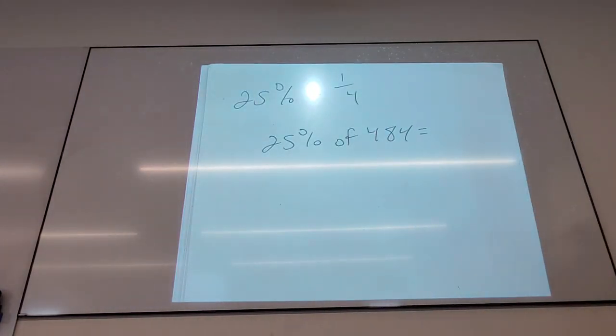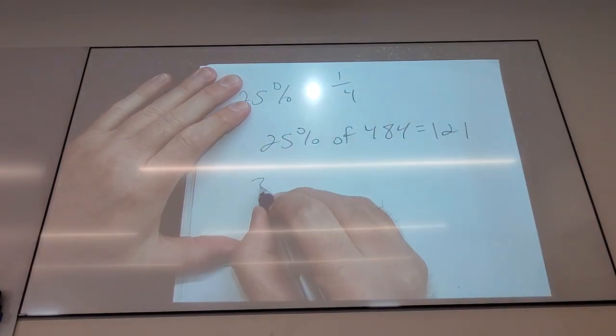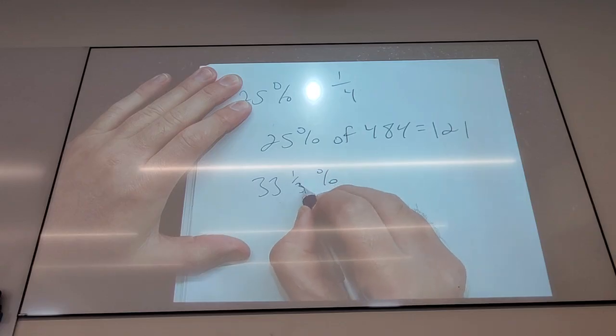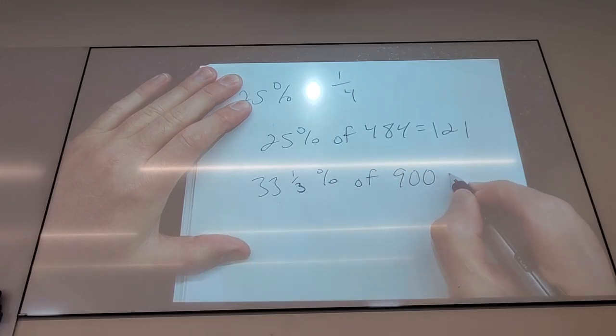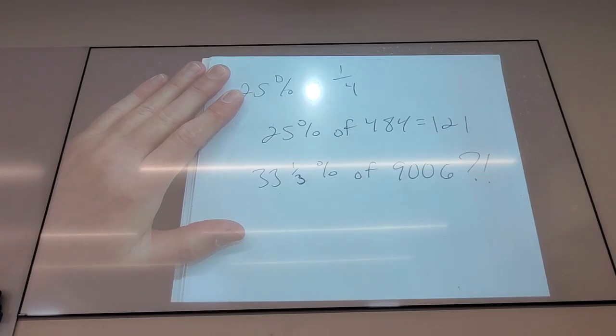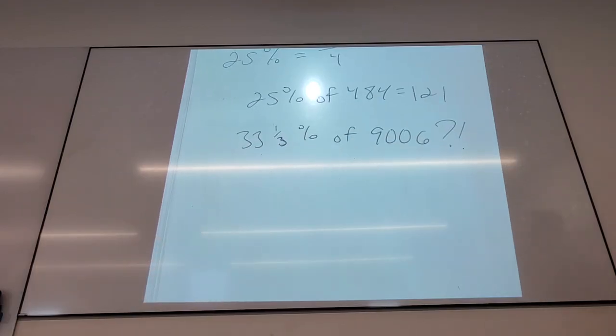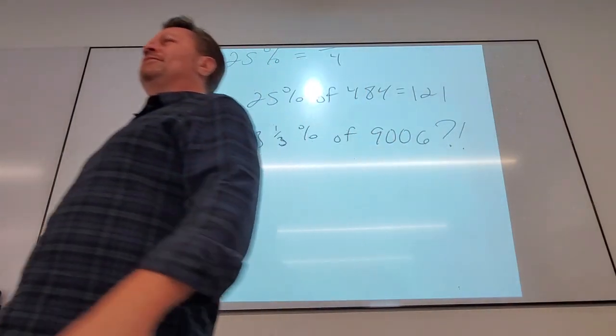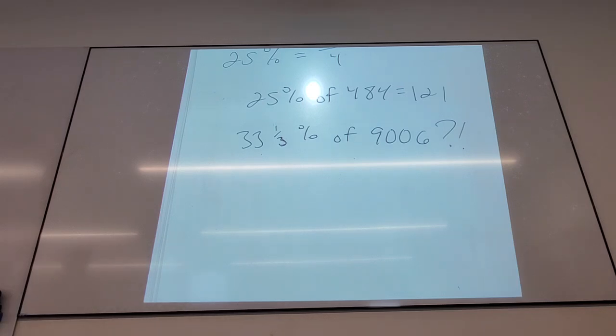What about this exceptionally ugly looking poor little dude here? 33 1/3% of 9,006. Does anyone happen to know what fraction 33 1/3% is equivalent to?